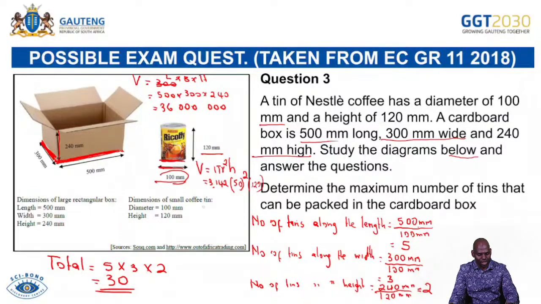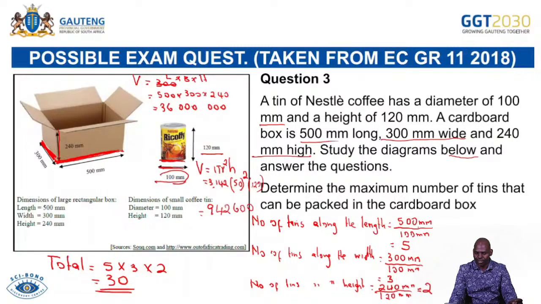So I multiply 3,142 by 50 squared, multiplied by 120. Then I get 942,600.